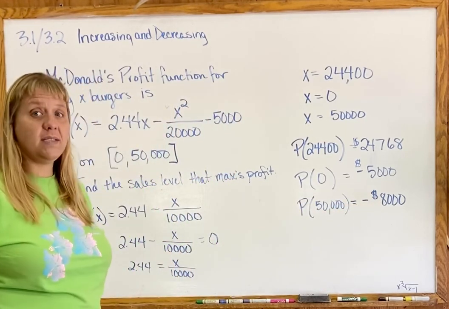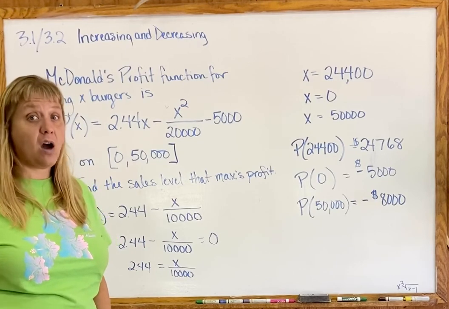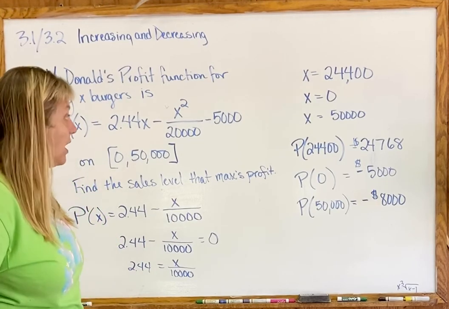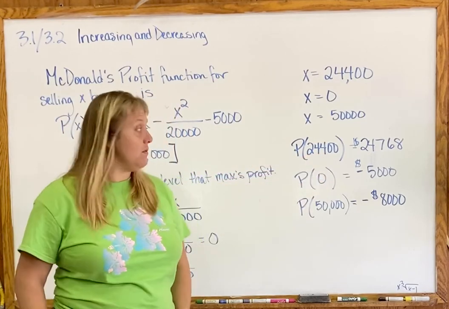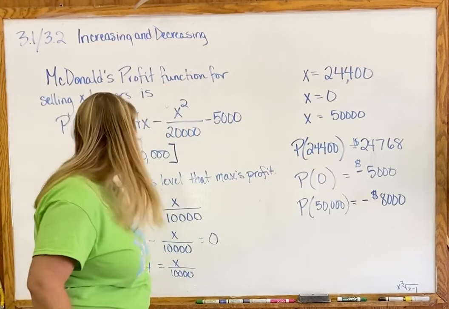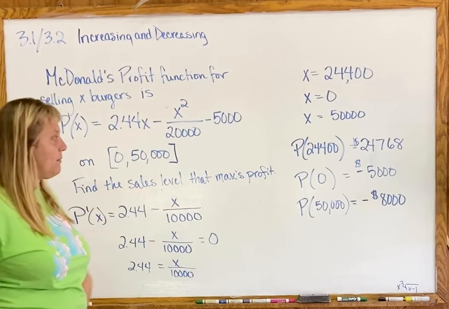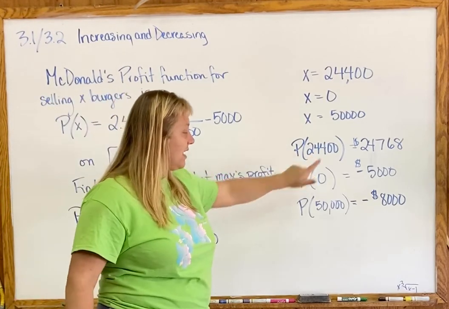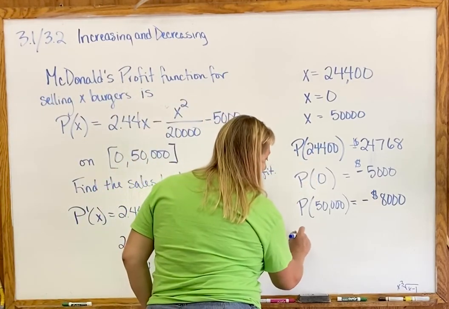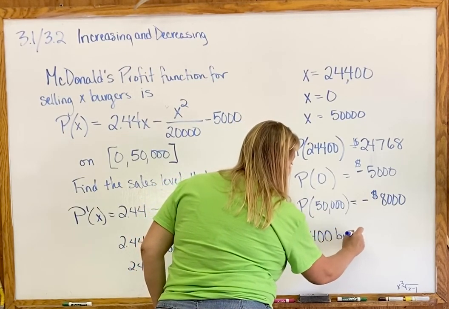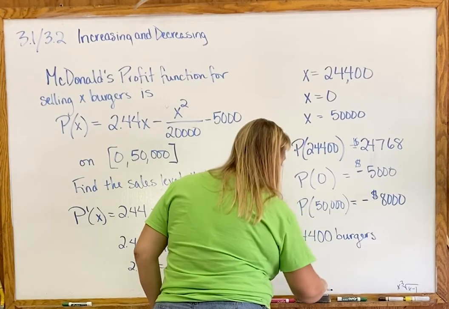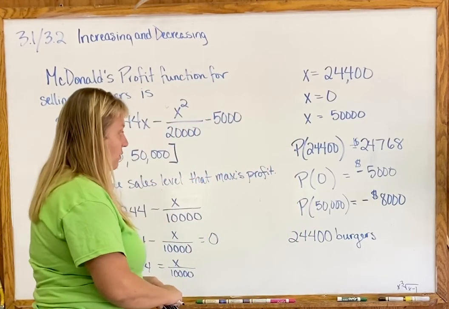So what we're noticing here is that profit falls off if they overproduce. So the sweet spot happens to be 24,400 burgers. It said find the sales level that maximizes profit. In that case, the sales level is 24,400 burgers. So that's the answer to this question.